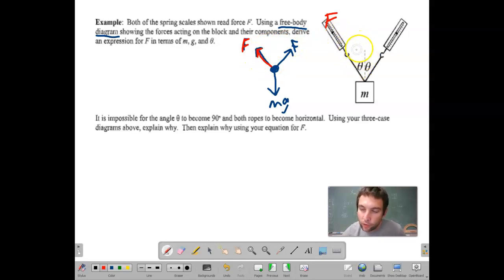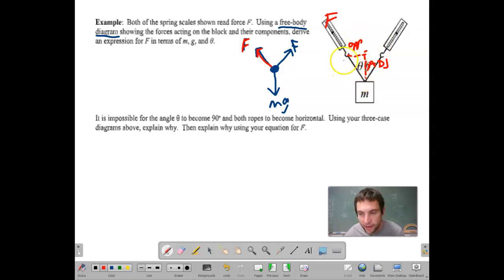When we're looking at this leftward force, we can resolve the components into the vertical and horizontal components. The vertical component, this vertical line, is the adjacent side of the triangle. Meanwhile, the horizontal component is the opposite side of the triangle.